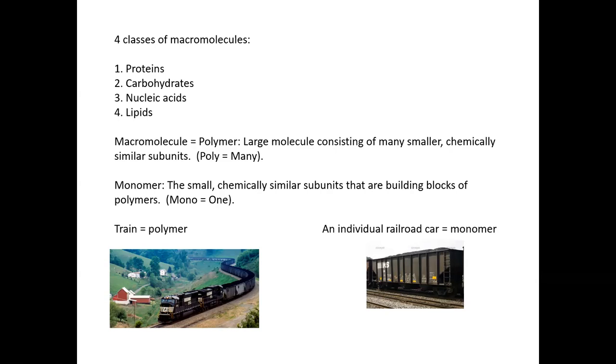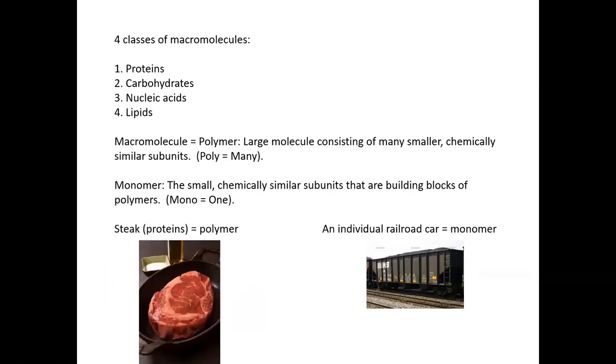Okay? So steak, in this case, is the polymer, right? In the case of a protein, the amino acid is the monomer that's going to be linked together.